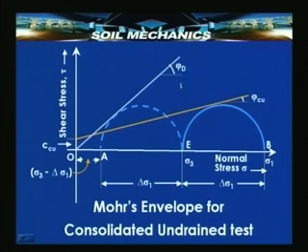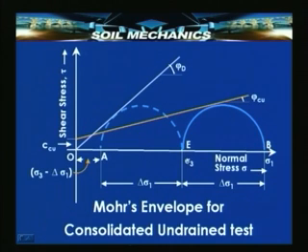Now if I draw an envelope to this drained Mohr circle, I will get a line, an envelope passing through the origin with an angle phi D, D standing for drained, and cohesion equal to 0. But if I plot a tangent to a total stress Mohr circle, of course it is implied that we will be doing at least 3 such tests with total stress measurements and plotting a common tangent.